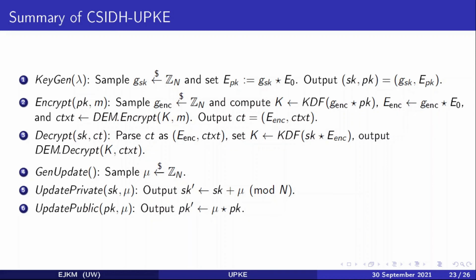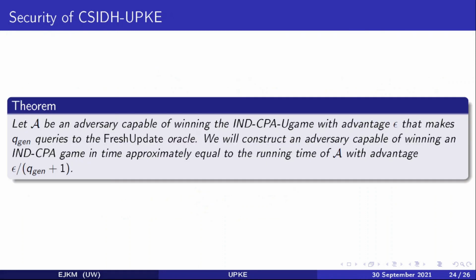And for the update public algorithm, we apply the group action of that new element on the old public key in order to obtain the new public key. In our paper, we show that this CSIDH UPK scheme is IND-CPA-U if and only if the classic CSIDH scheme is IND-CPA.